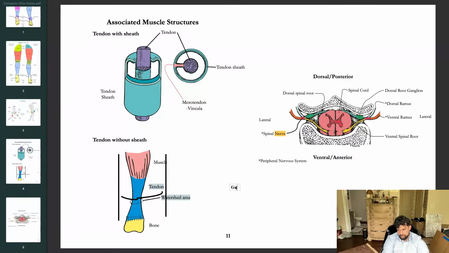Gastroc is to... now options. Is it lateral, medial, superior, or inferior?